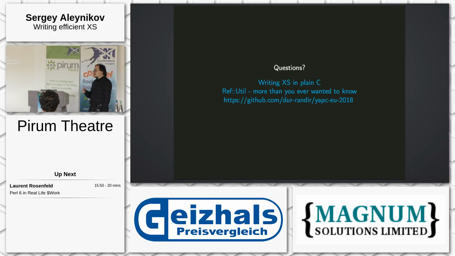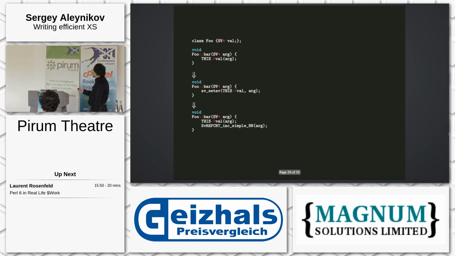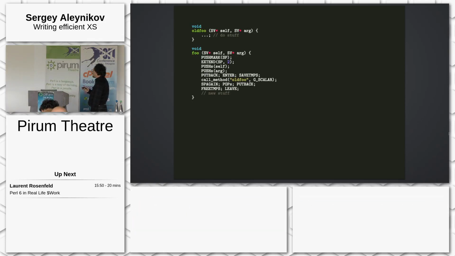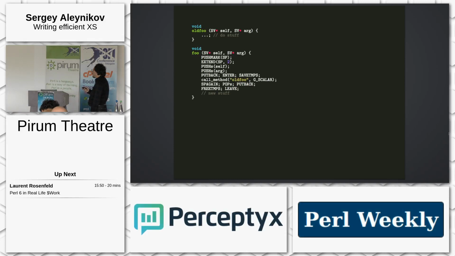Sometimes you can... here it is. This is the full method call. Push mark, push some values, store the stack pointer back, create scope, do the call, get the pointer back, leave the scope. Sometimes you can omit everything from here except the push mark.